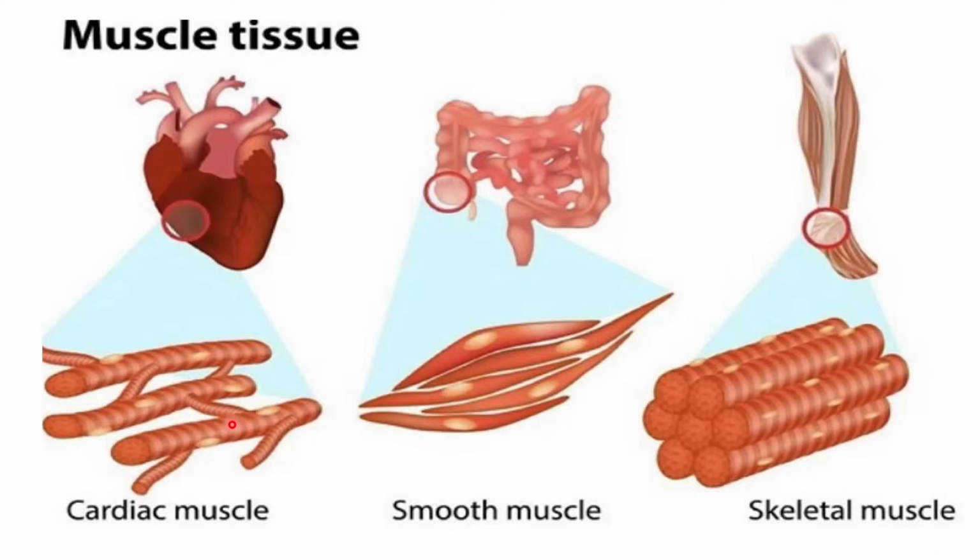They are interconnected to one another. Of course, these will be uni- or binucleated, so one cell will have one or two nuclei in it. This one also has striations, as we can see. So that's cardiac muscle.